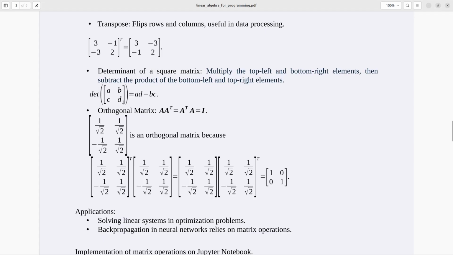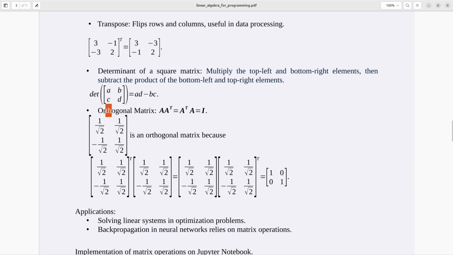This formula is just for a 2 by 2 square matrix only, okay? For 3 by 3 or 4 by 4 and so on, we have to rely on other formulas that are a bit complicated to introduce here. Of course, we can still use the NumPy library to help us compute all the determinants easily, so we don't need to worry about the analytical implementation, okay?